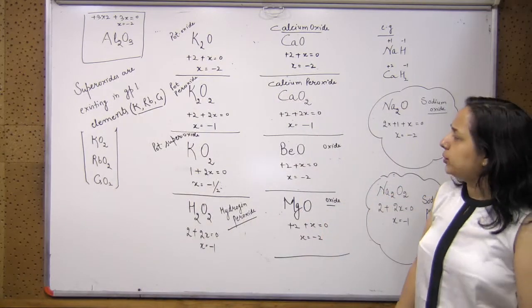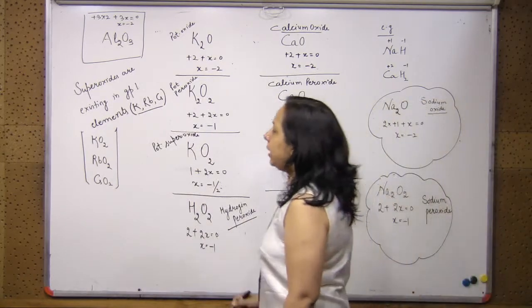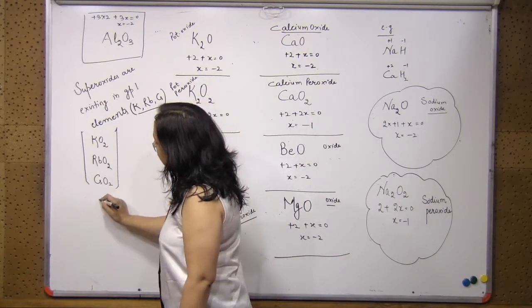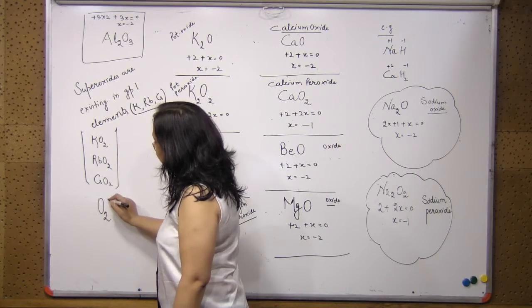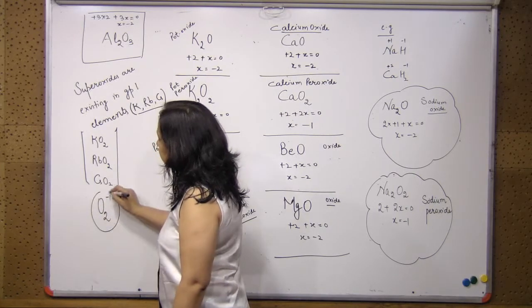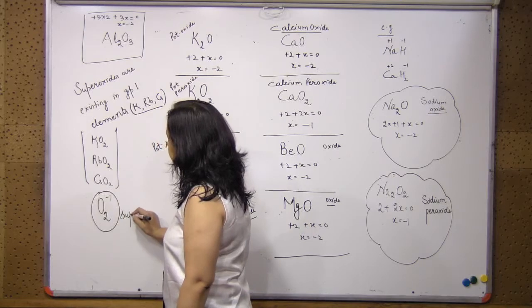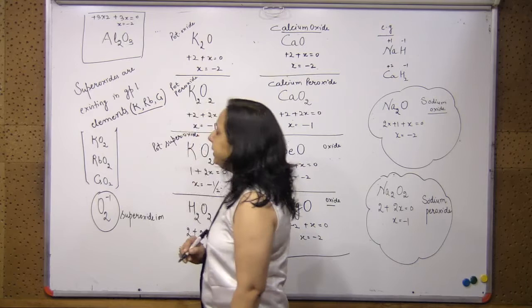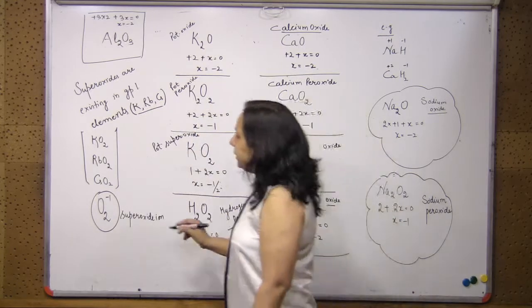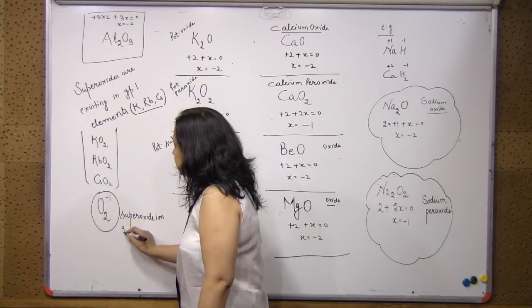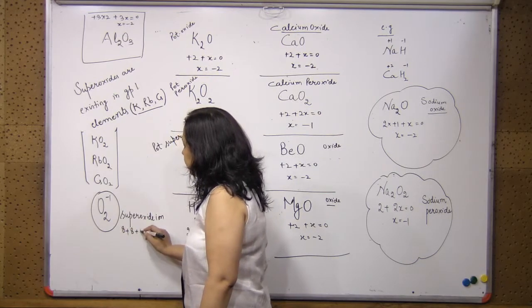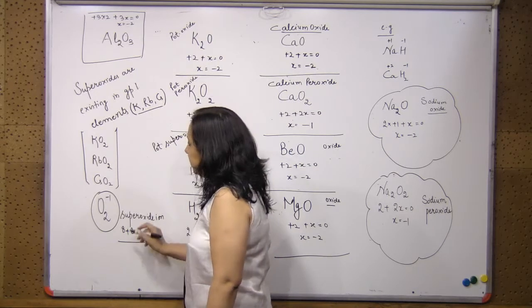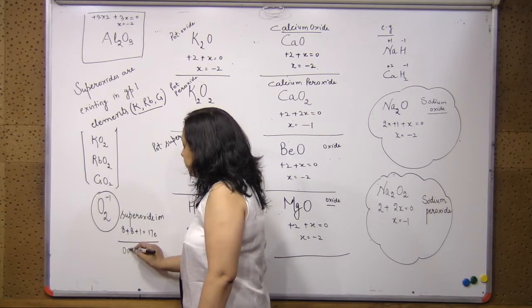And here we have superoxides, only 3: KO2, RbO2 and CsO2. These 3 superoxides have the O2 1 negative ion, which is called the superoxide ion. Superoxide ion is O2 1 negative. O2 1 negative is an odd electron species. It is 8 plus 8 plus 1, 17 electrons, an odd electron species.